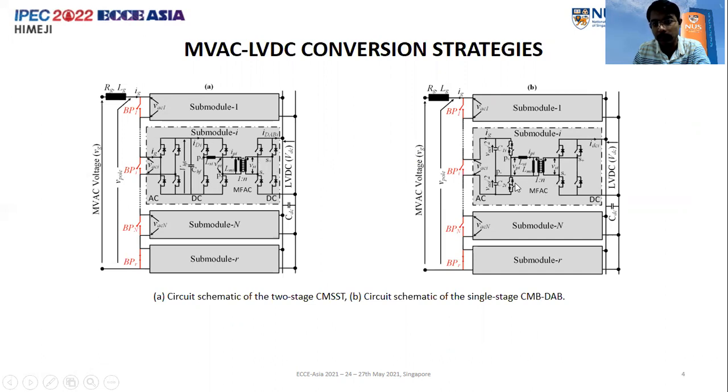So there is a front-end matrix converter which converts AC to high frequency AC directly, and then this high frequency AC is converted to DC. And of course, these are going to be bidirectional. So usually due to two stages in the two-stage type of conversion, the losses are more, and it is expected to have lower efficiency.